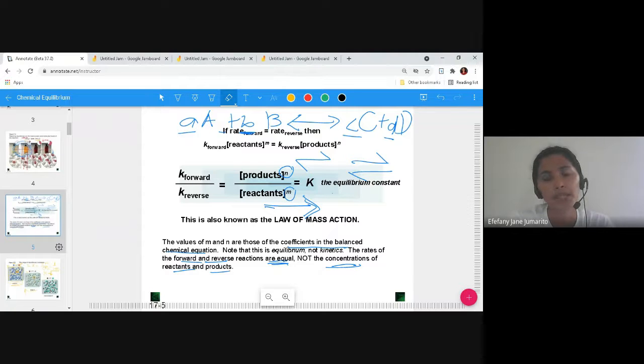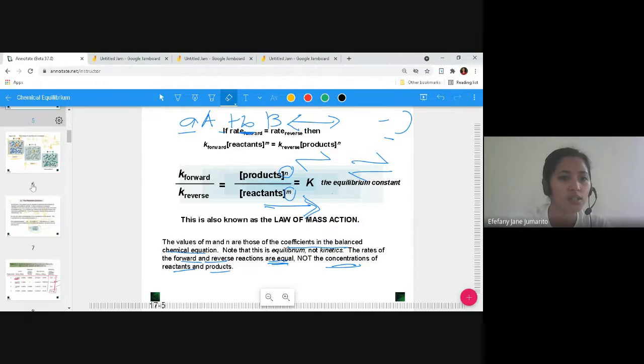In kinetics, you can only use the coefficients as reaction orders when we talk about the reaction pathway, the reaction mechanism, with the slow step and the fast step. But in equilibrium, we can determine the reaction orders in our equation just by looking at it.